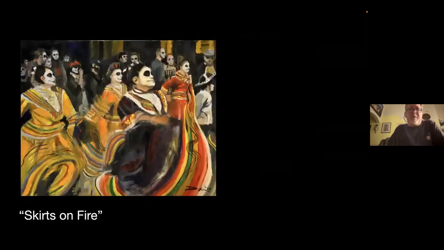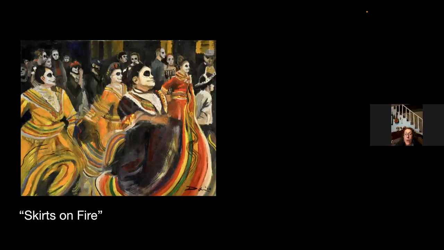So this is another painting I did about this event. When people are marching the procession, a lot of times there's different groups. You'll have Christian groups or sometimes mariachi groups, or maybe a high school or something like that. And there's a particular group of women who are flamenco dancers, and they march and they move their skirts around as they march.